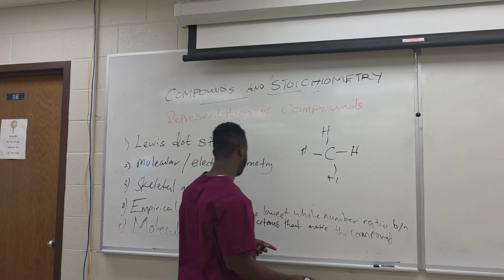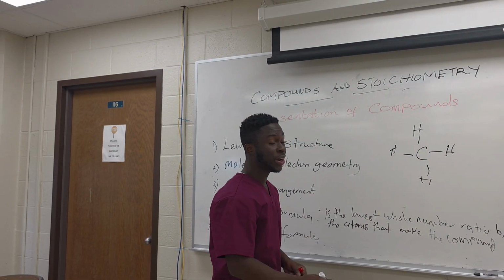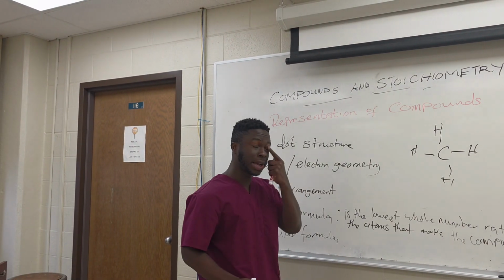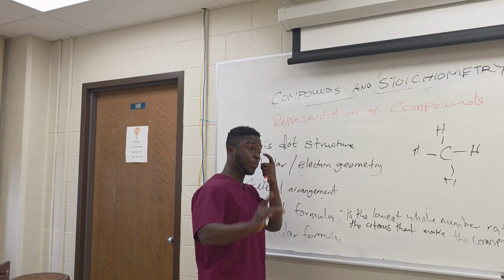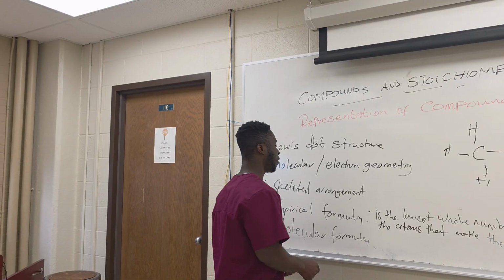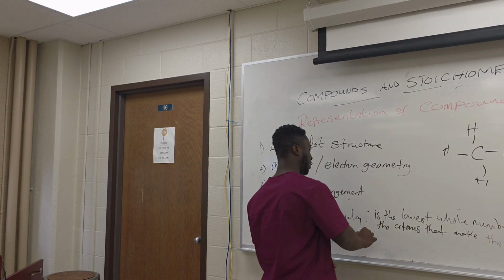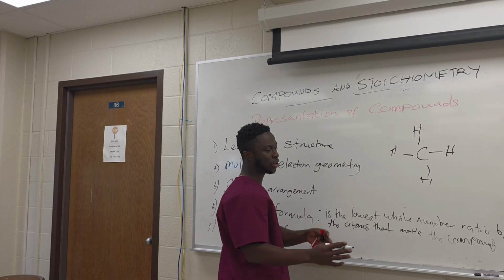Usually ionic compounds are always written in their empirical formula because ionic compounds don't form molecules once again. But the molecular formula is the exact ratio in which the atoms combine.